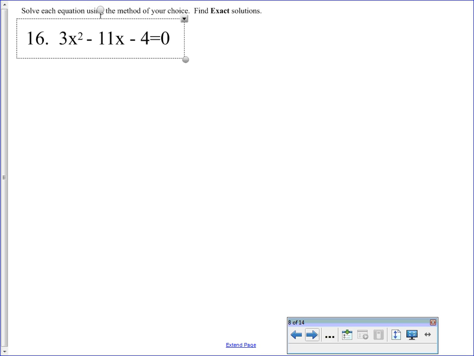Right, now the numbers are starting to get a little bit bigger. Now, this one can be solved by factoring.